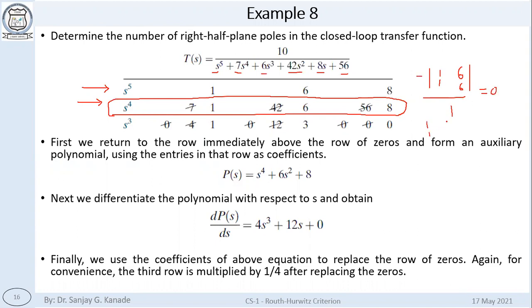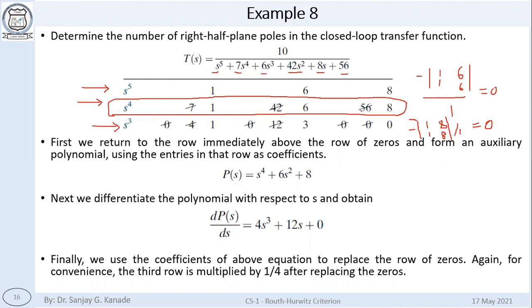The second element is 1, 1, 8, 8, right? Divided by 1, and this will again be 0. Whenever two rows of a determinant are the same, we get 0, right? So now we have a row of 0 which is in s raised to 3.